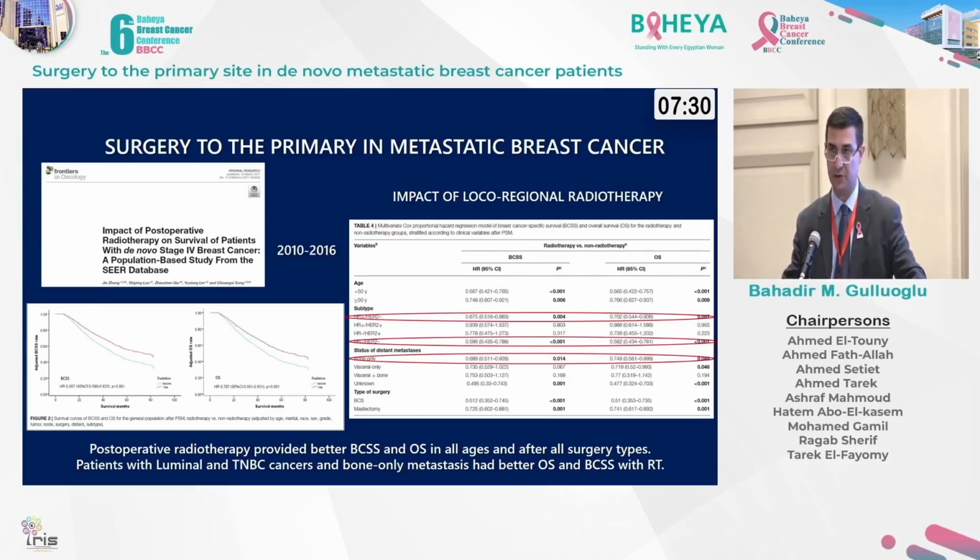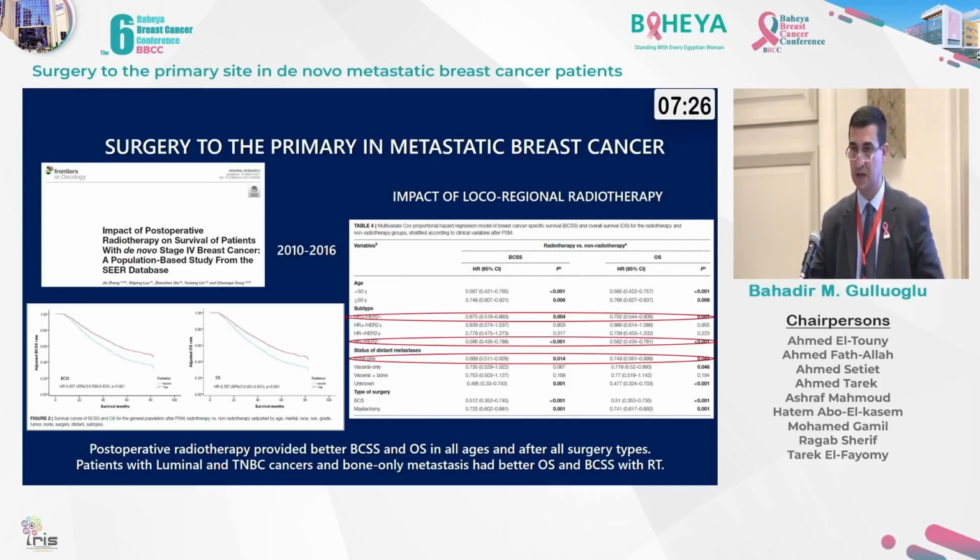Because I showed you that in the study from North America and the Indian study, nearly 40–45% of patients did not receive radiotherapy. Another study from the SEER database, which is not a meta-analysis, found that postoperative radiotherapy provided better breast cancer specific survival and overall survival in all ages and after all surgery types, including mastectomy patients as well.